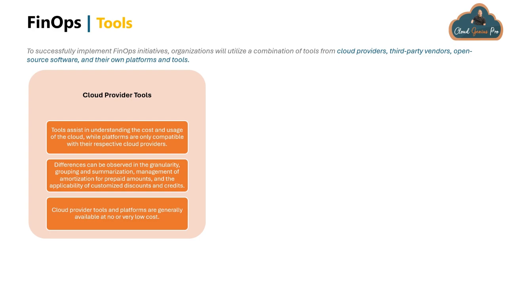But the major challenge is when the organization has a multi-cloud environment. These cloud provider tools have differences in granularity, grouping, summarization, or discounts as well. For example, the AWS method for projecting or demonstrating the KPIs is different from Azure or GCP, right?